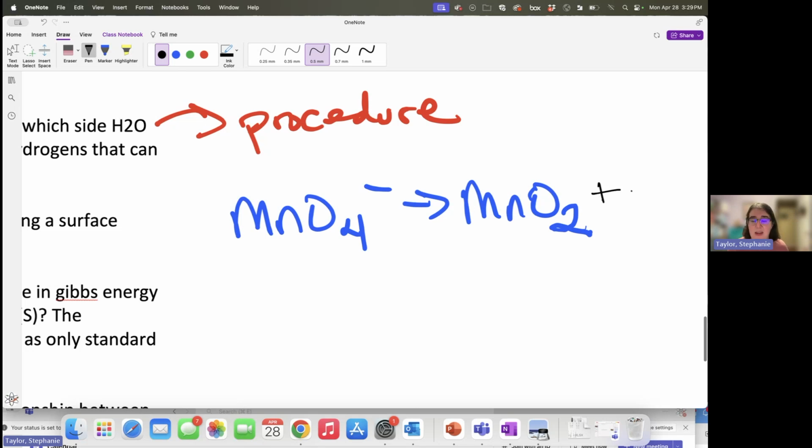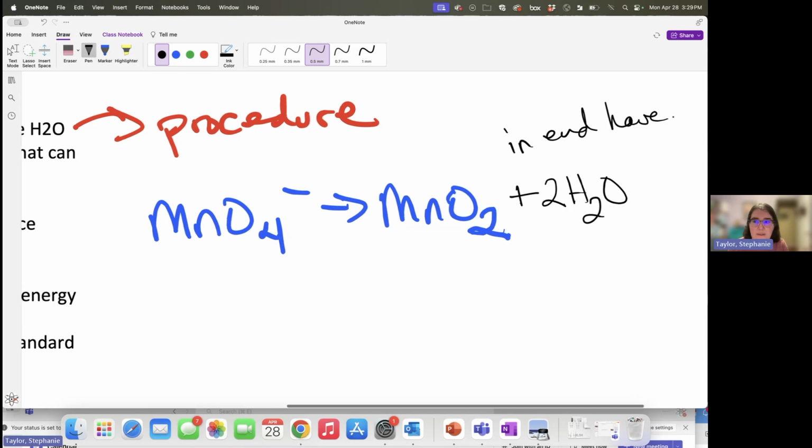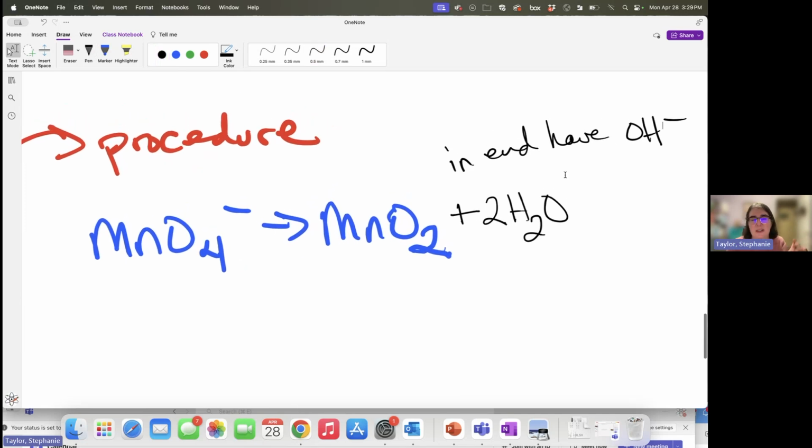So whichever side I begin putting my waters on is the side that will also in the end have the hydroxide. But the problem is that that doesn't necessarily guarantee that it's the product side or the reactant side, the reduction reaction or the oxidation reaction.